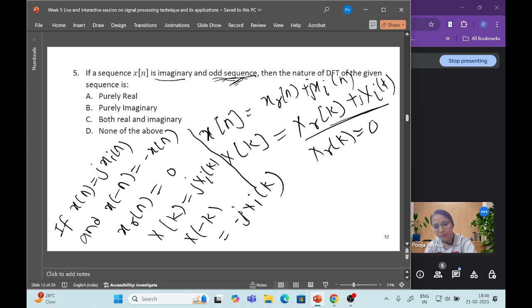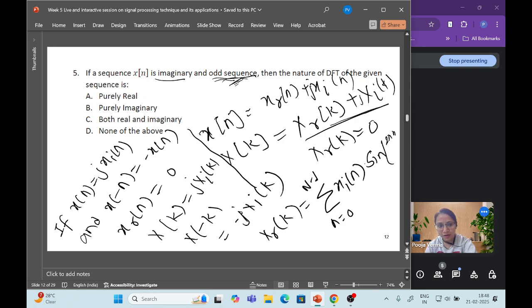Now from the equations, if we look at the cosine and sine terms, what will be the part? If you write both equations, you will get the sum from n equal to 0 to n minus 1 of x i of n, with the real part and the imaginary part written with sine of 2 pi nk divided by N, right?